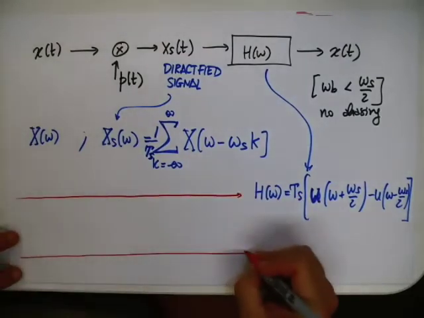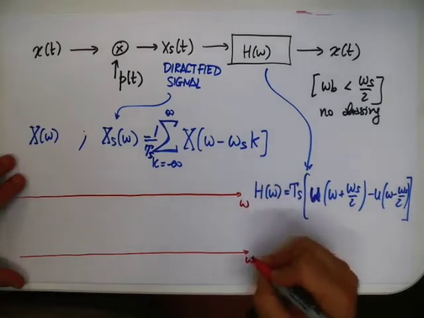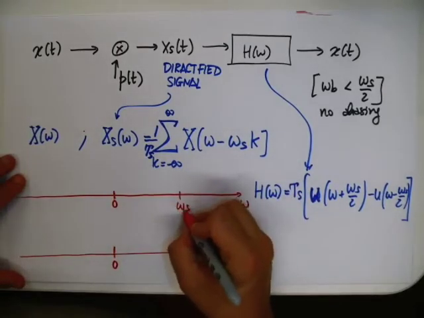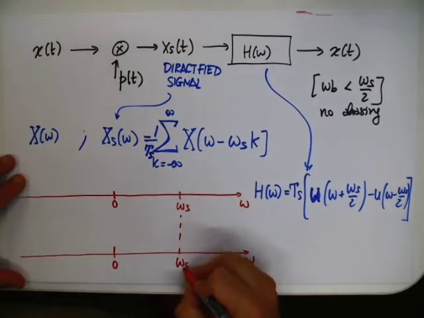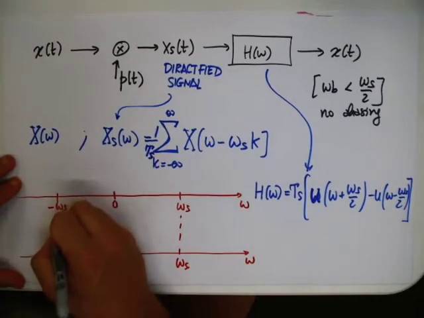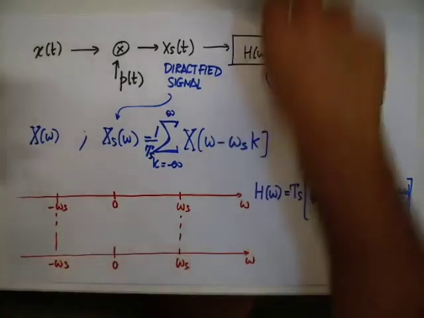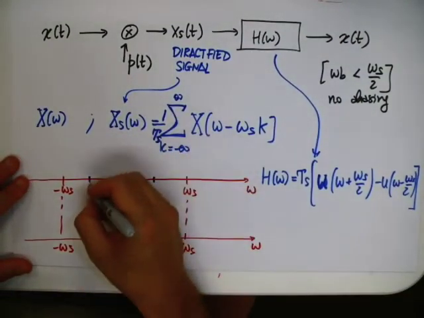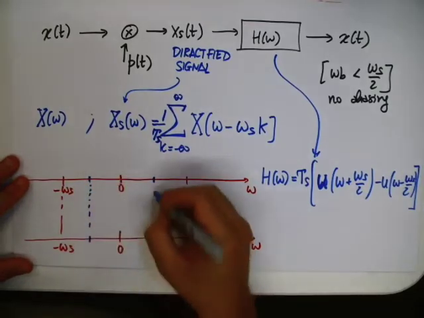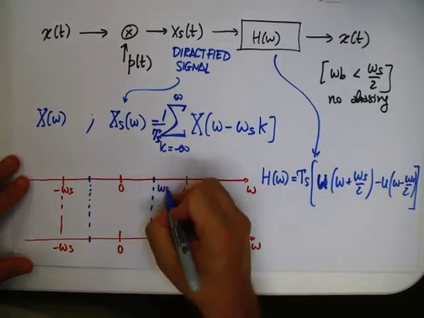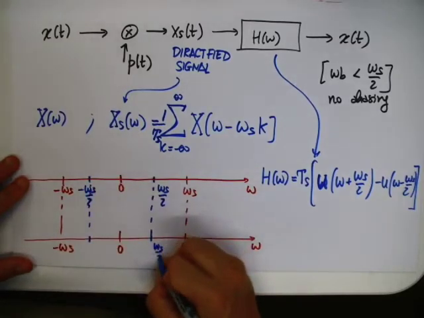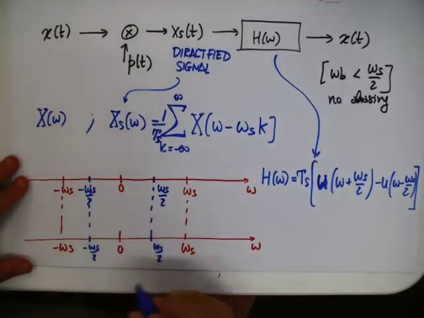And in the frequency domain, we got the following picture. Omega, 0, omega sub s, minus omega s. Here we have the middle values, omega sub s divided by 2 and minus omega sub s divided by 2.